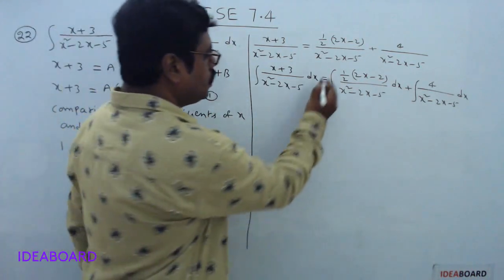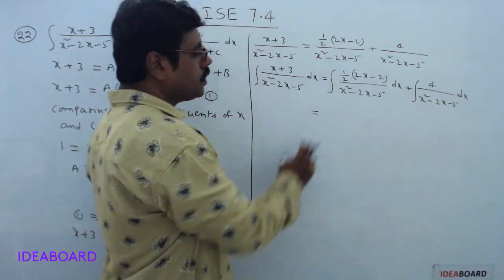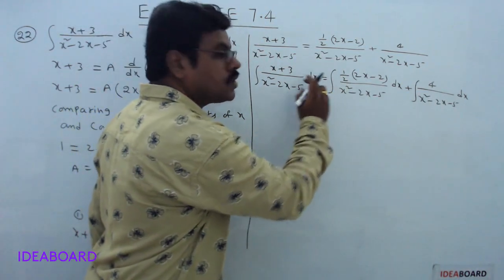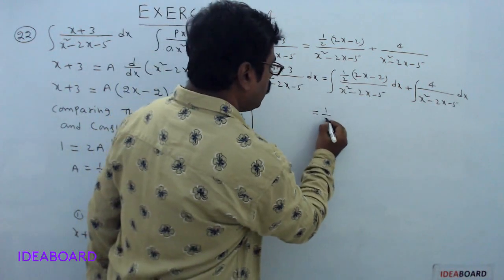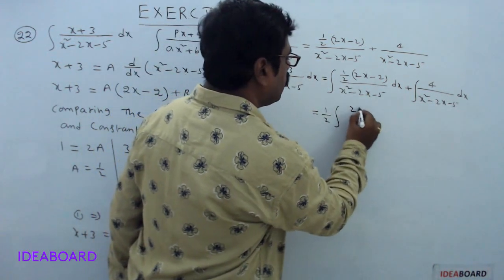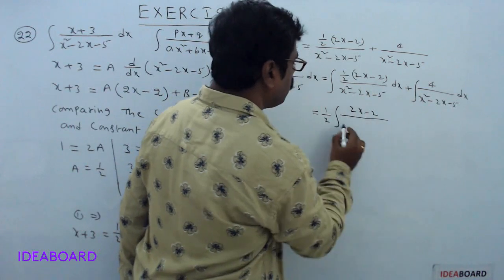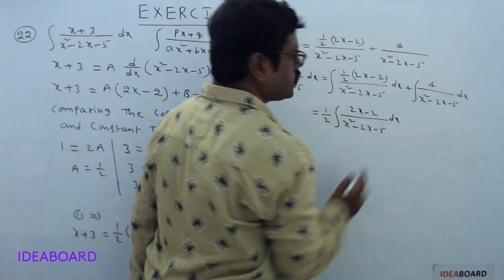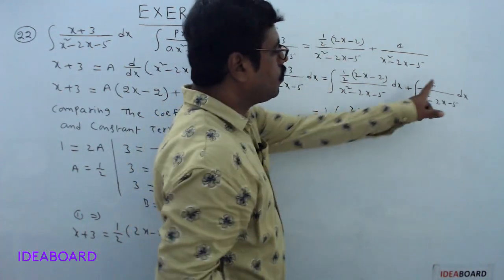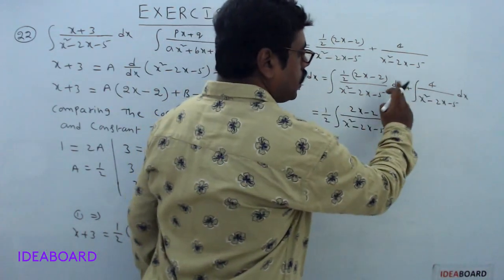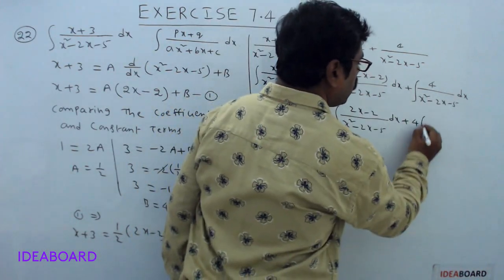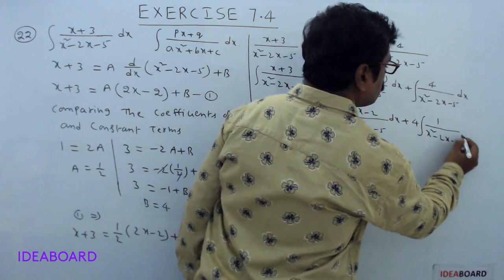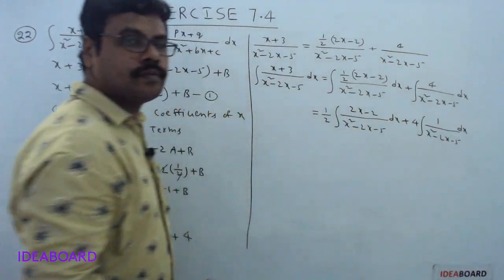Now come to the simplification. Now this is equal to, here 1/2 is the constant term, so you can take it outside of the integral: 1/2 × ∫(2x − 2)/(x² − 2x − 5) dx plus, here 4 is the constant term, you can take it outside of the integral: 4 × ∫ 1/(x² − 2x − 5) dx.